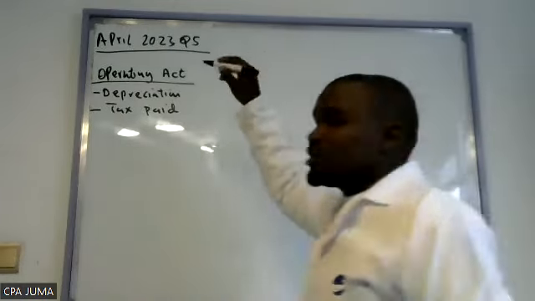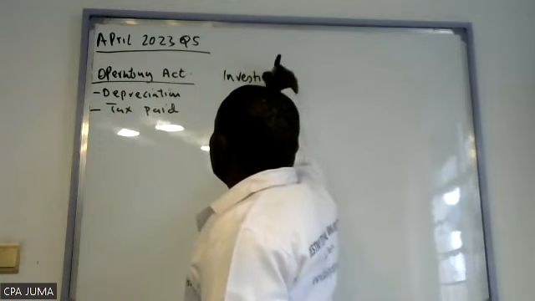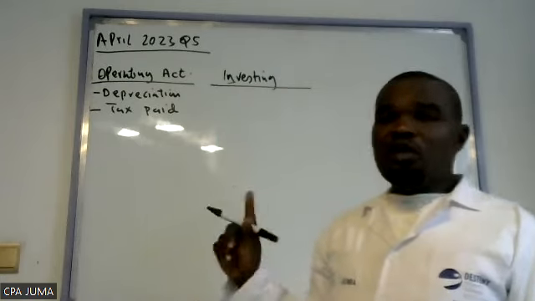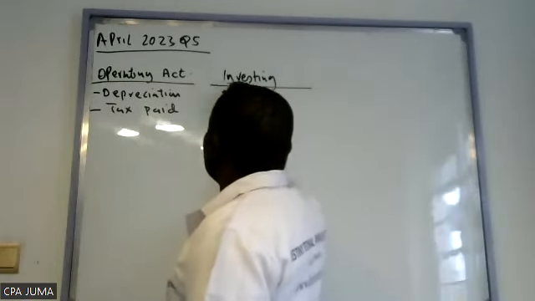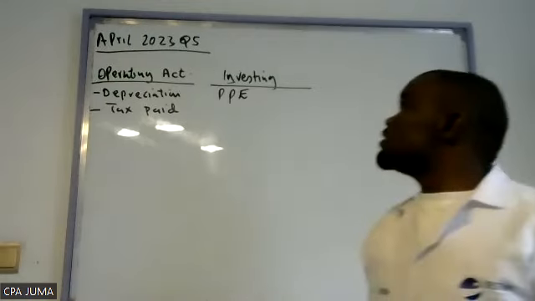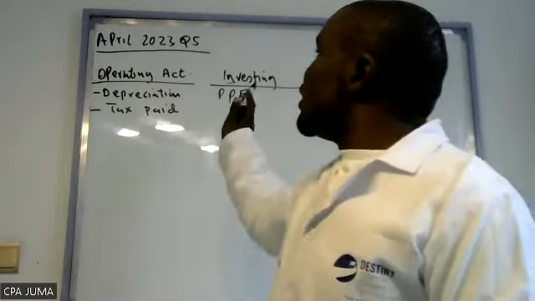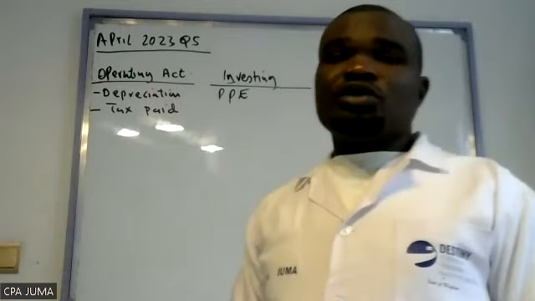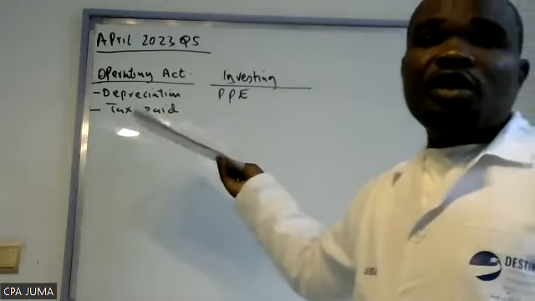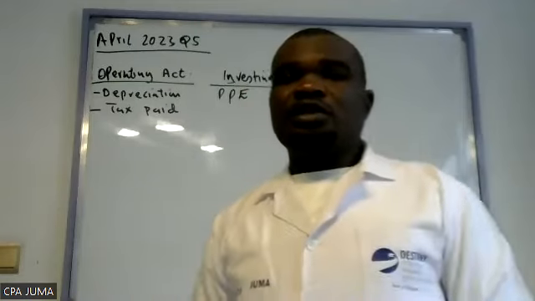When we go to investing activities, the key working under investing is always property, plant, and equipment. That is the key working under investing. So you reconcile PPE to check acquisition or disposal of an asset.